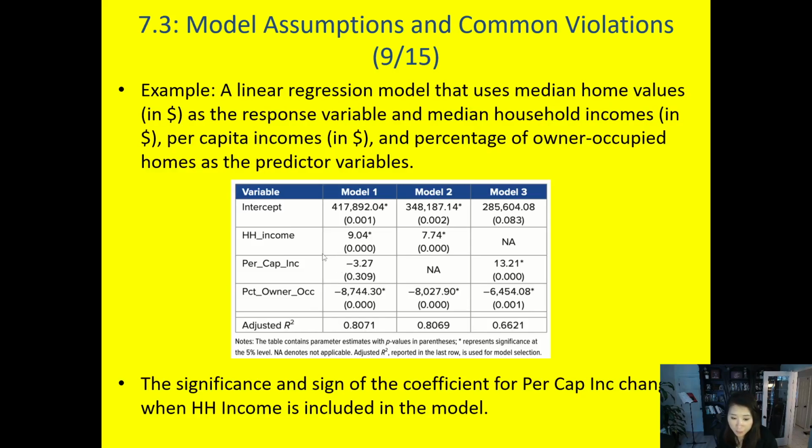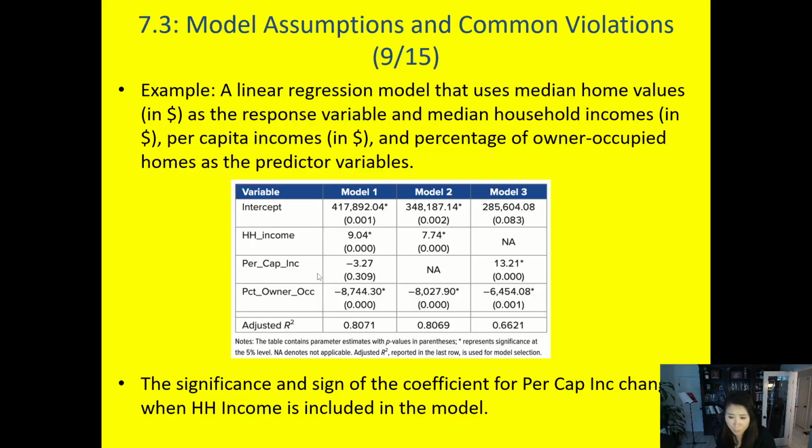However, the per capita income, which is supposed to be significant, actually is not. Looking at the signs, except for household income being positive, the other ones are negative in impacting the median home value, which does not make sense. So this is the moment you say, you know what, I might have a multicollinearity problem.